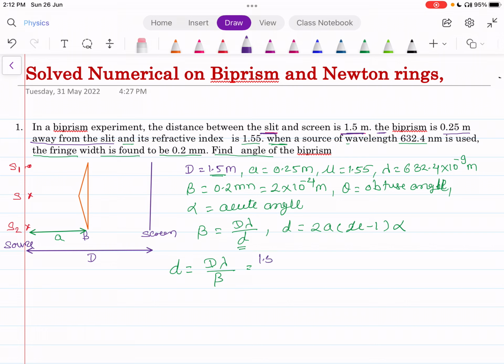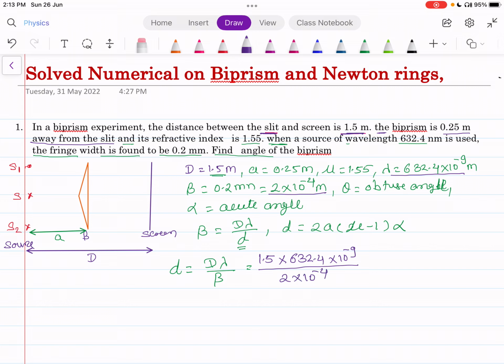So 1.5 into lambda, which is 632.4 into 10 raised to minus 9, divided by fringe width beta, which is 2 into 10 raised to minus 4.